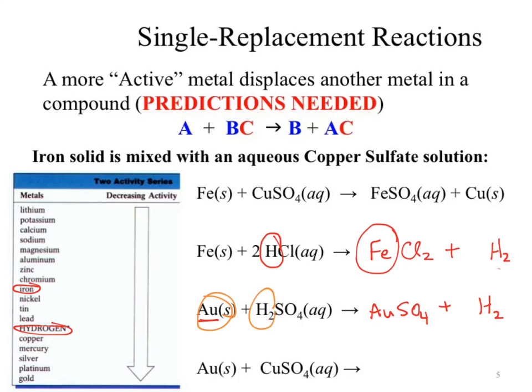I want to circle where they're in their ionic state. Our hydrogen and our gold. Go back to our table. We've got hydrogen and gold. Which one's higher on the activity series? Hydrogen, which means hydrogen wants to be an ion. Which side of the equation does hydrogen have an ionic state?